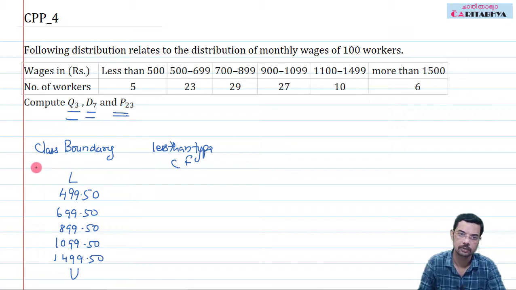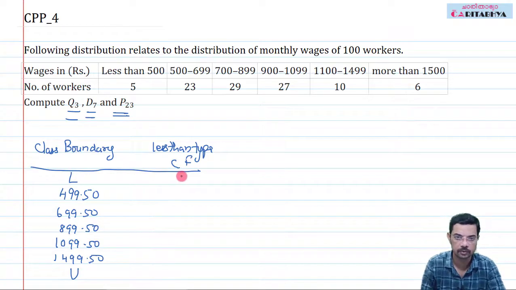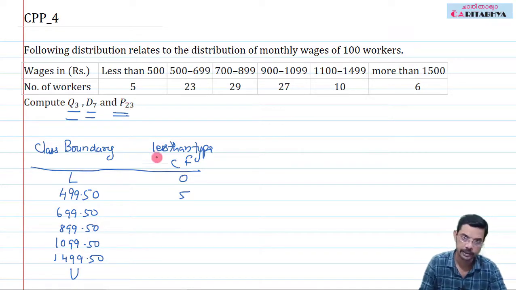How to find the less than type CF? We need to keep adding these values. First one, less than the lower boundary point is 0. Now less than 499.5 is 5. Less than 699.5 is 23 plus 5, which is equal to 28.